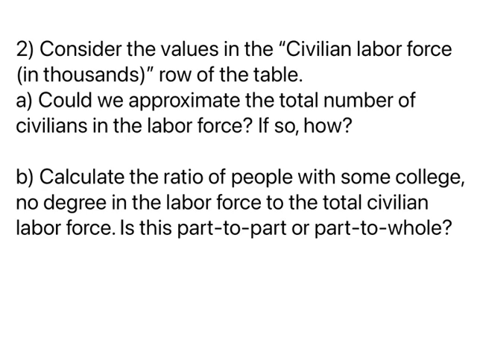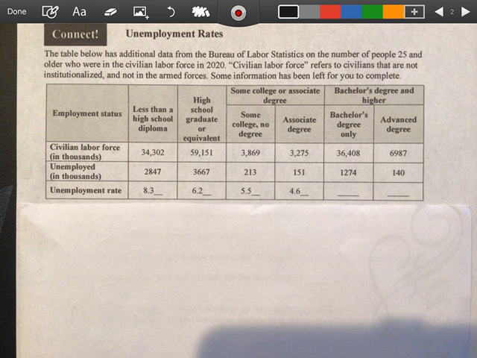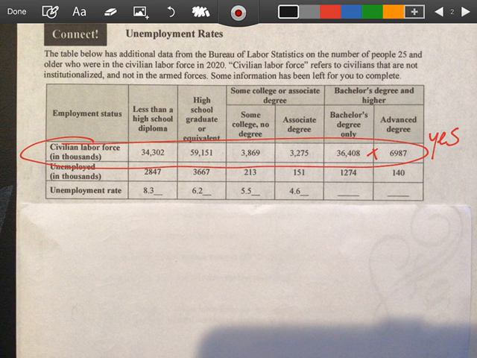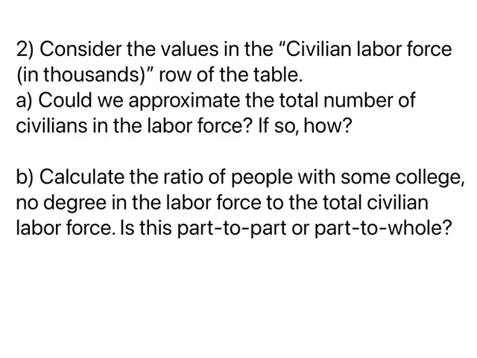So now let's move on. Let's consider the values in the civilian labor force row of the table. Could we approximate the total number of civilians in the labor force? So we're talking about this row here. Can we figure out the total? And the answer would be yes, because we can add all of these together and that would give us the approximate.